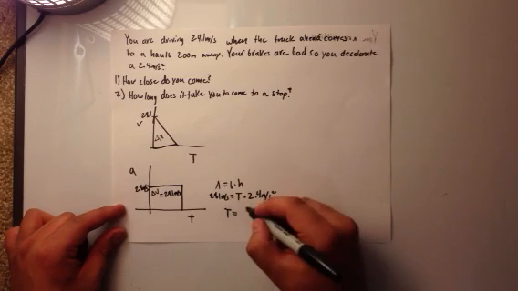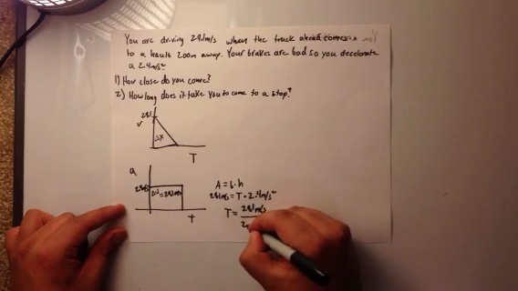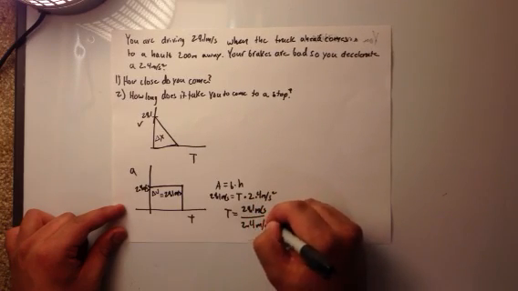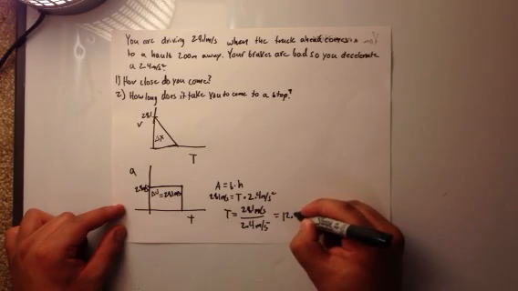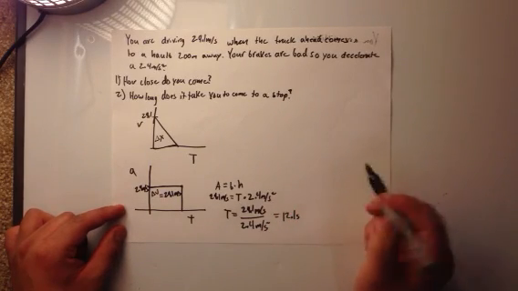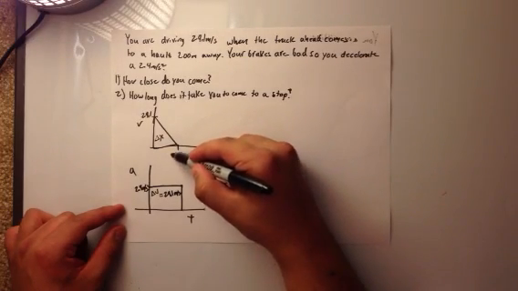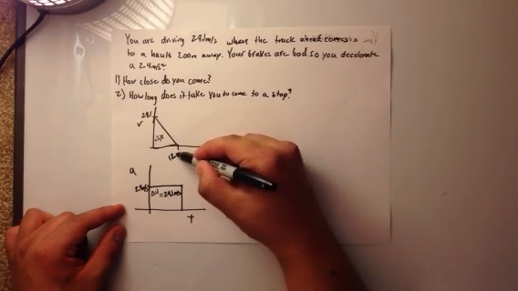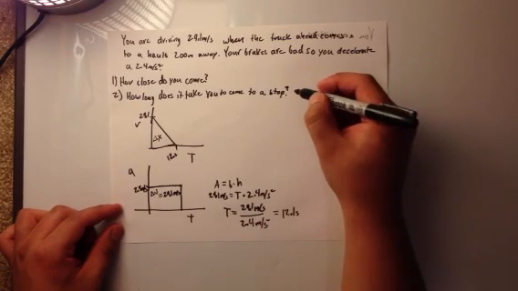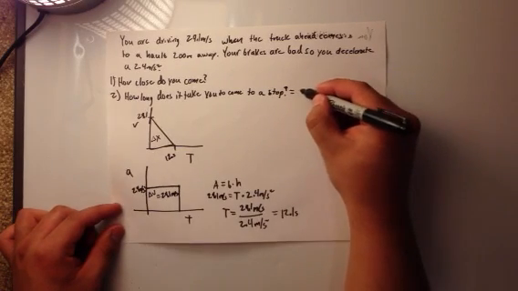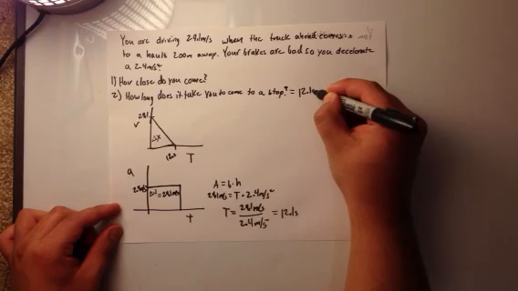Then our time equals 29.1 meters per second all over 2.4 meters per second squared, which equals, I got 12.1 seconds. So then we come back here and plug that 12.1 seconds in. It just becomes another geometry problem. So we already solved the second question, which is 12.1 seconds.